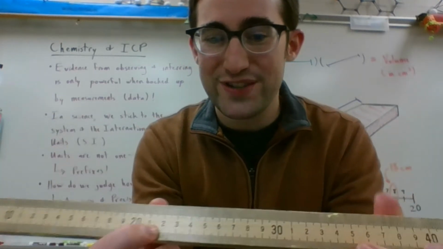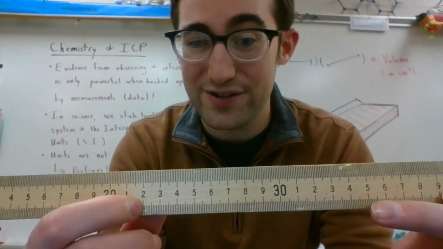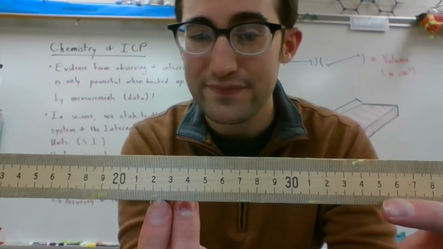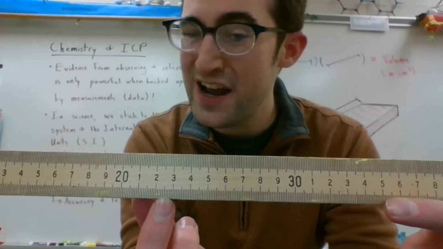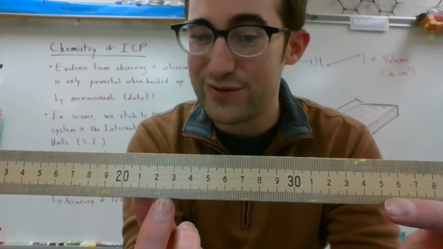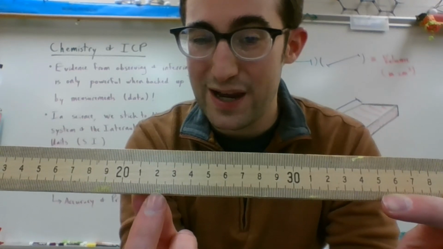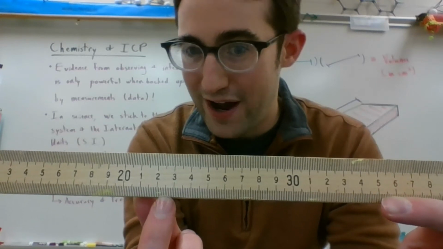Now each little dash is also a decimal point for your centimeters. If I was right there in the middle of my fingernail, that would be 22 centimeters plus not quite all the way to 23 centimeters. It's in between. Each one of these little hashes is 0.1, 0.2, 0.3, 0.4, and this lands me at about 0.5.